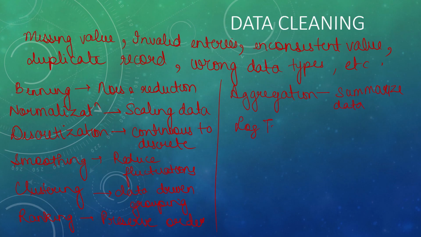Log transform is for reducing skewness. Then we have, this is important, Winsorization. This is for handling your outliers. So these are some methods with their purpose, the method on the LHS and the purpose on the RHS.